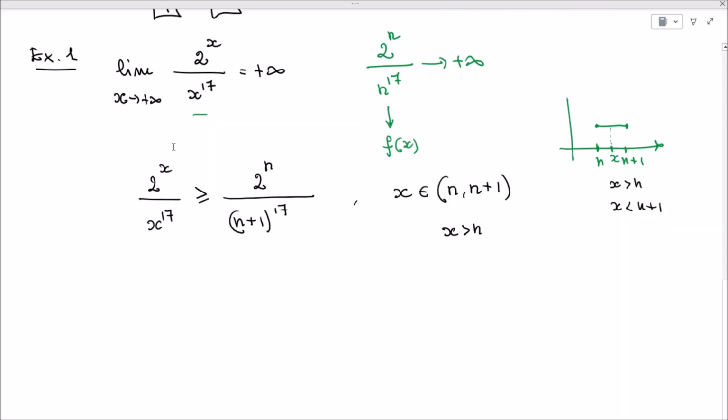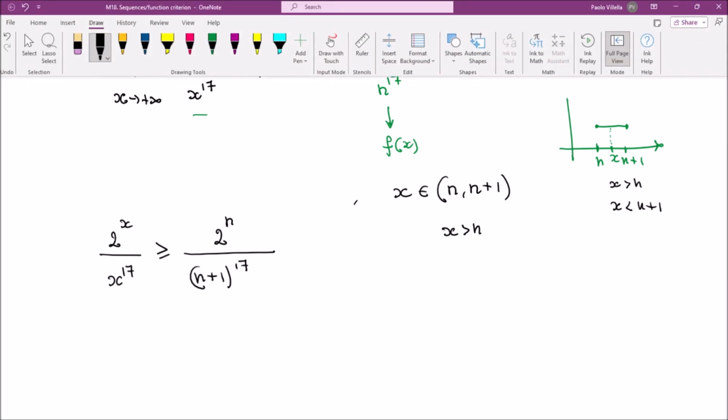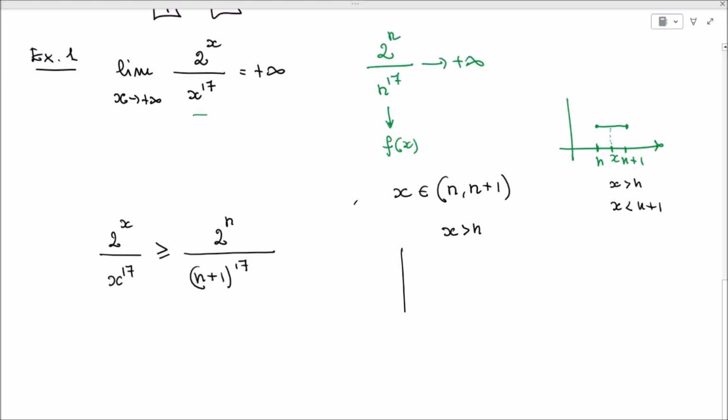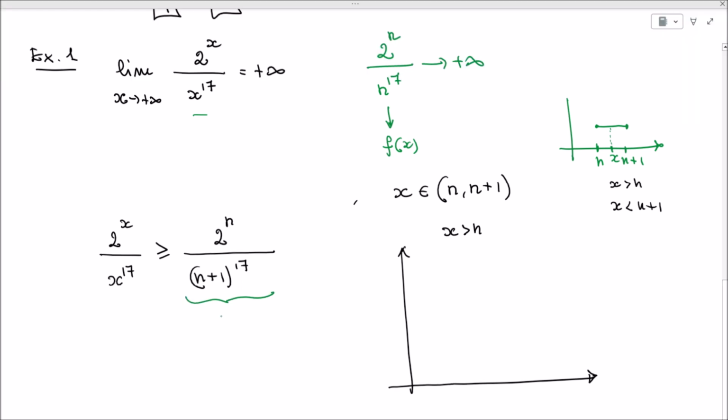Now it's all about proving that this term on the right hand side of the inequality will diverge to plus infinity. So in other words, what we are doing here is the following. We have now this function, let me call this function f of x.